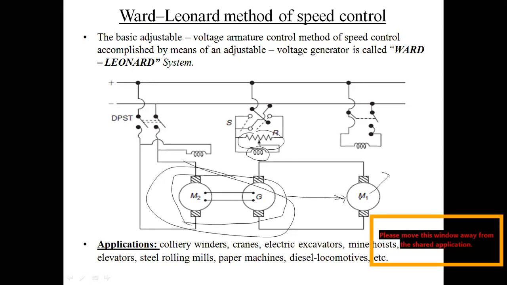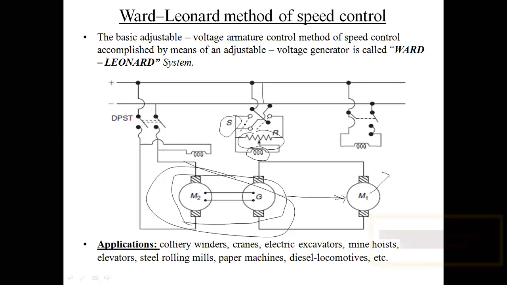Now, what will happen after supplying the variable voltage? The field circuit of the generator is separately excited, right? From the DC supply, this switch S is a reversible switch.